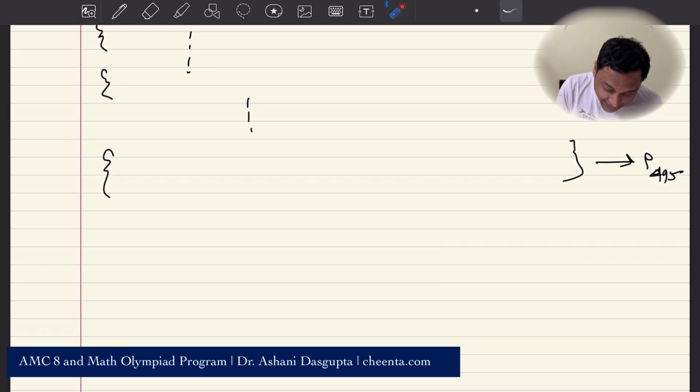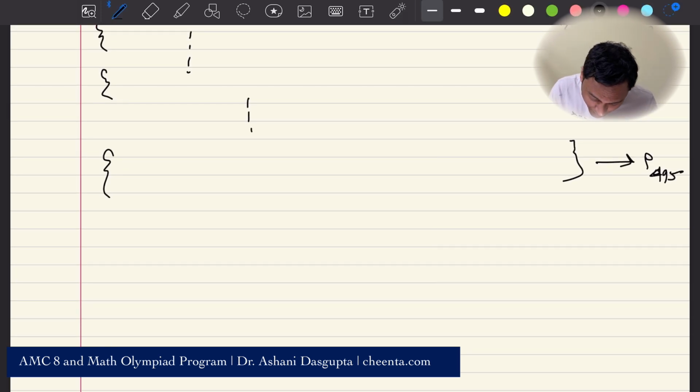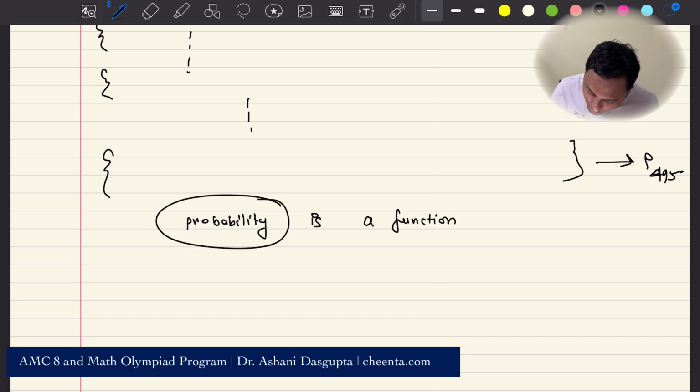So I want you to write this down if you can. So probability is a function. So what is a function?